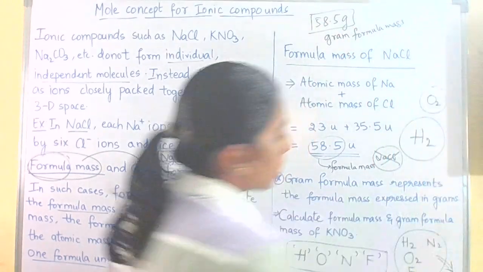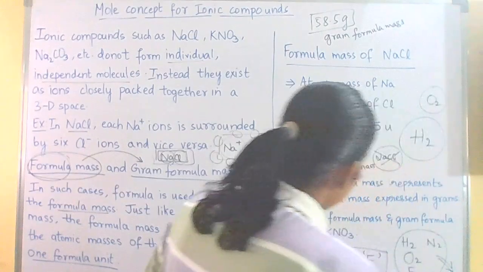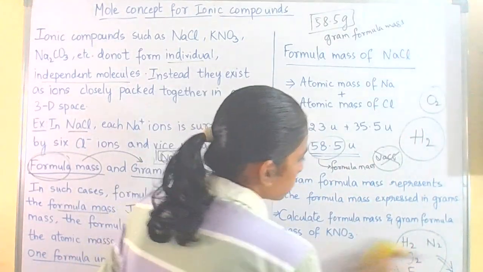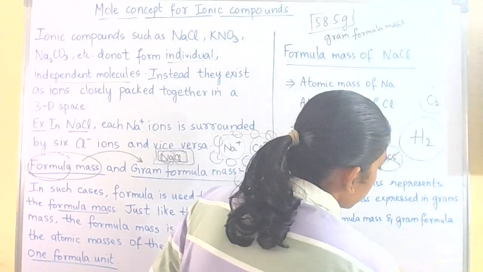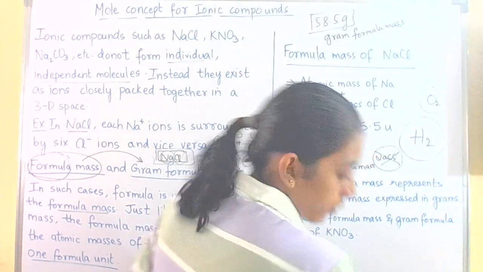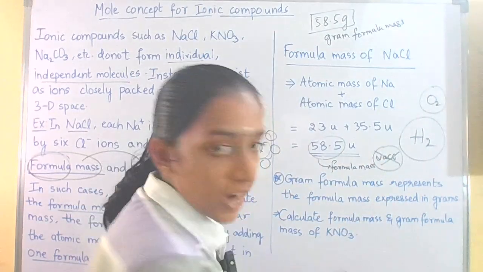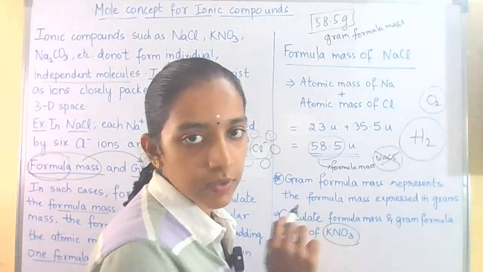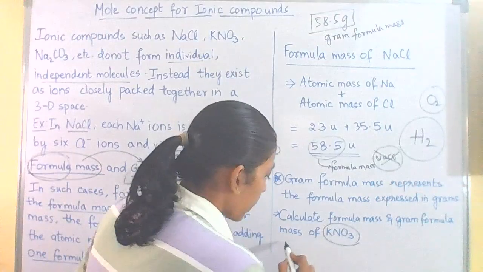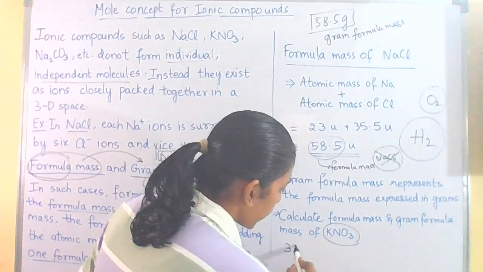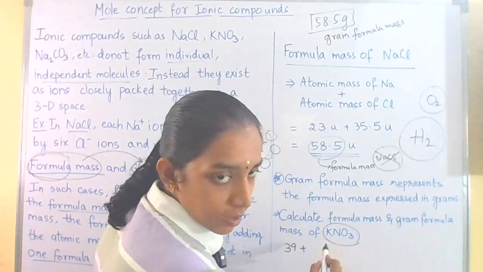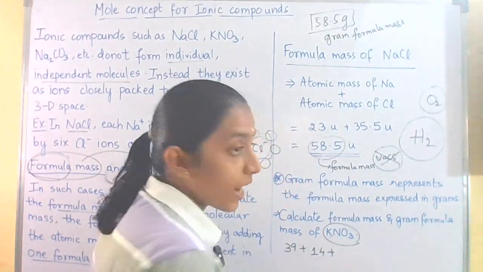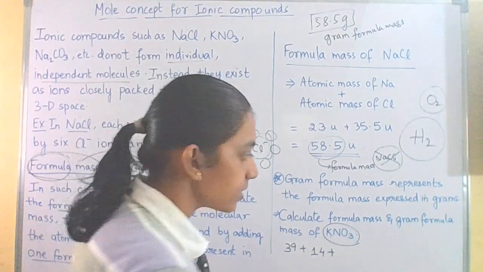Now they have asked us to calculate the formula mass of KNO3. So how do we calculate the formula mass? We have to add the atomic masses of the atoms present in one formula unit of the given substance. So the atomic mass of potassium is 39 plus the atomic mass of nitrogen is 14 plus the atomic mass of one oxygen atom is 16.